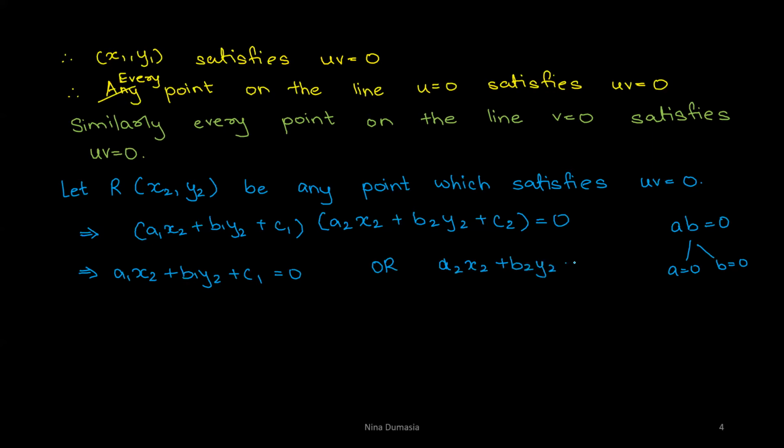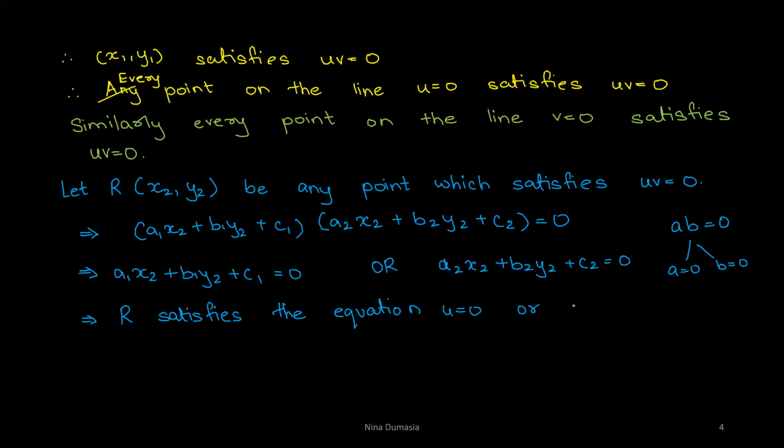Now if the first bracket is equal to 0, then what does this mean? That x2 comma y2 satisfies u is equal to 0. So you can say that r satisfies the equation u is equal to 0, from the first thing, or if you look at the second thing, it will satisfy v is equal to 0.